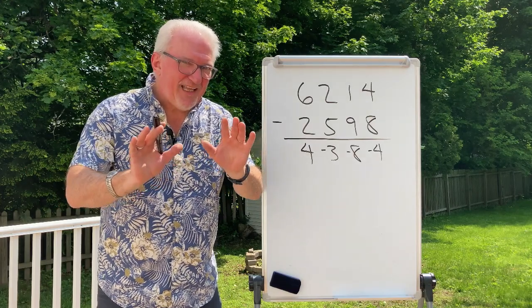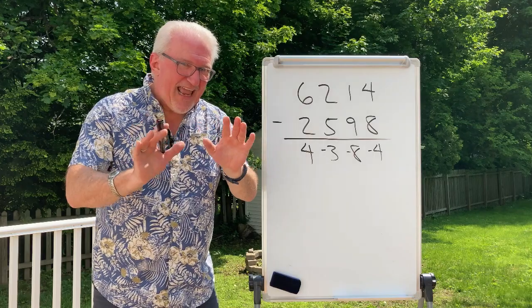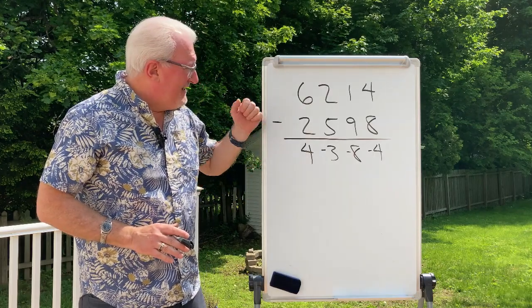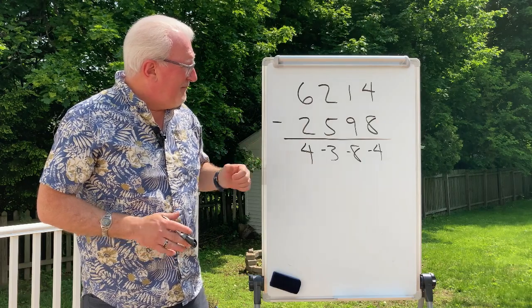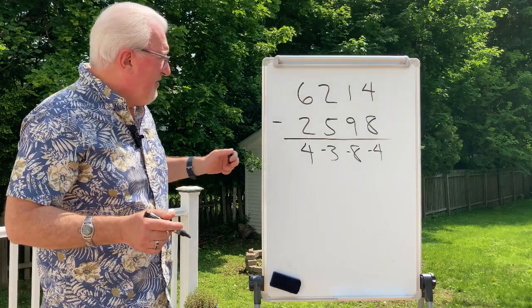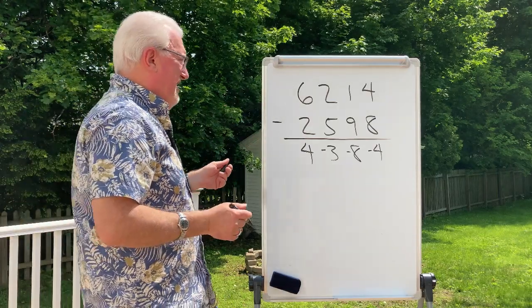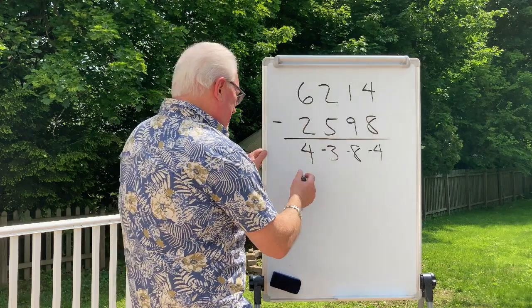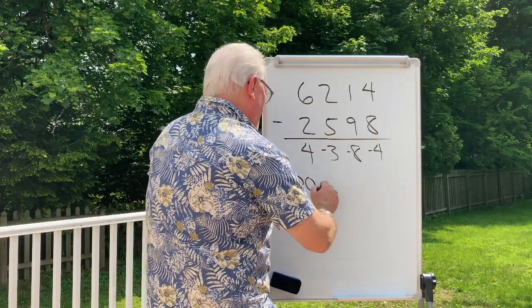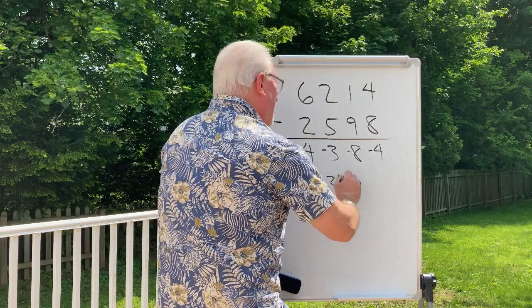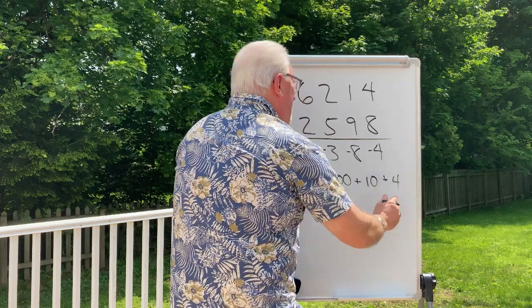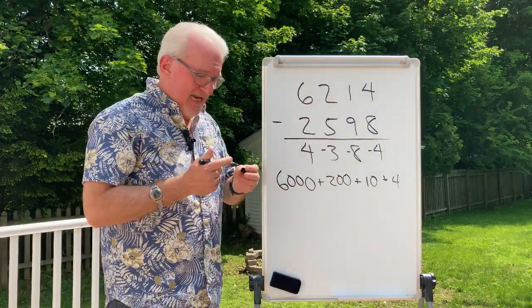Let's show you that that really is actually the answer that we should get whenever we subtract 2,598 from 6,214. Well, what we have here is a 6,000, a 200, a 10, and a 4, which make up the 6,214.